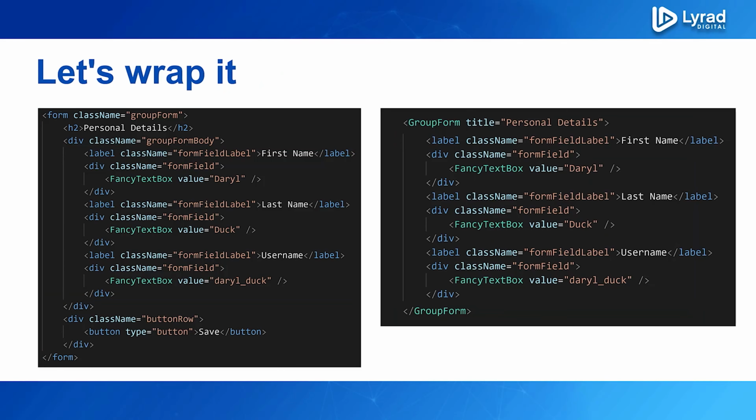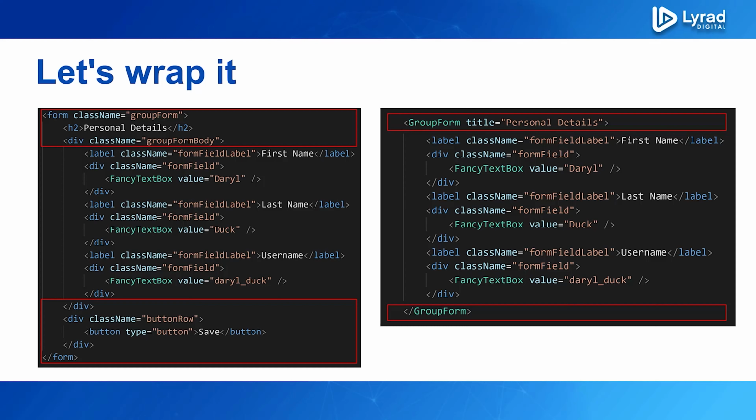So this is what we could do. We can actually create wrapper components to solve this problem. So I've grabbed the same markup for the personal details on the left here. And if we look at what is on the right, we can see that the first three elements on the left have now been reflected to the one change here on the right.